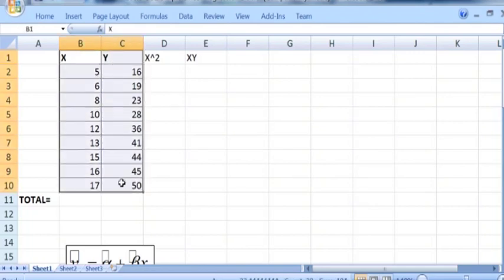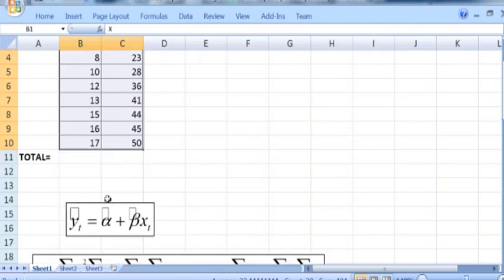So this is the data containing two variables x and y. So we want to estimate a regression equation of y on x. That is, we are interested in estimating y hat is equal to alpha hat plus beta hat xt. The hat is missing here, so actually this box represents hat. So y hat is equal to alpha hat plus beta hat xt.